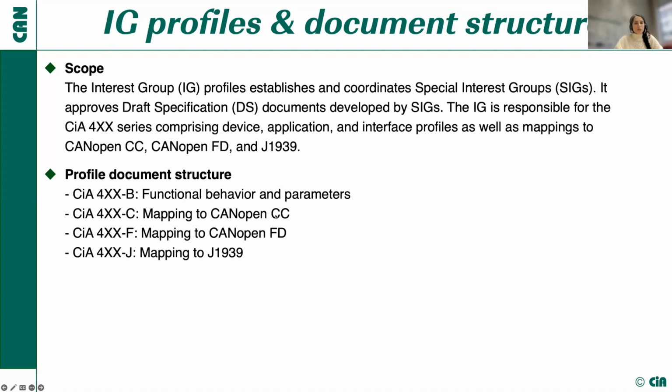a single profile document mapping to CANopen in general, but it was a new decision of the interest group profile that since there are different CANopen variants comprising CANopen CC, CANopen FD, and J1939, these profile documents should be separated based on the mapping.